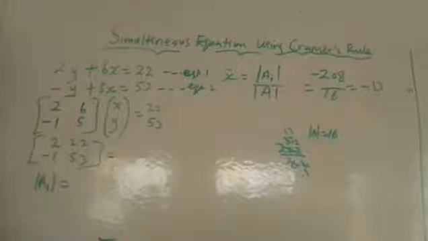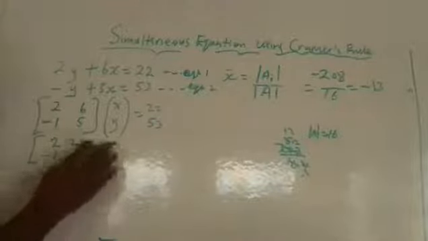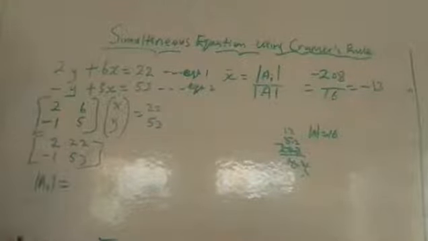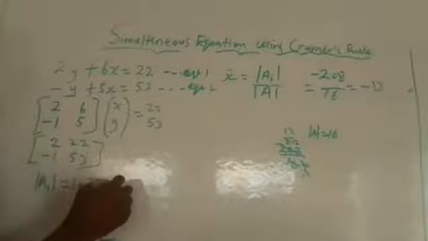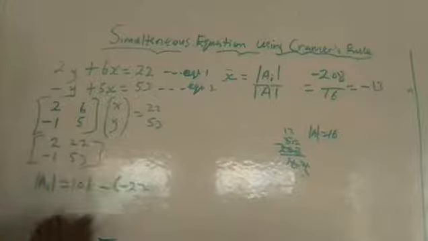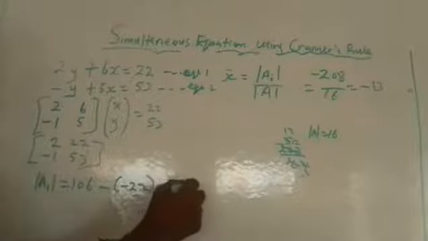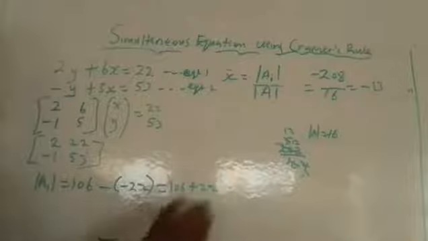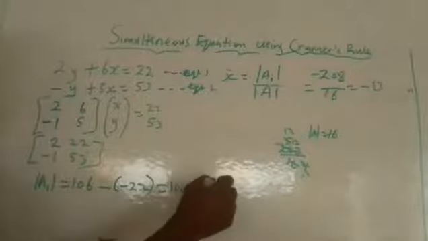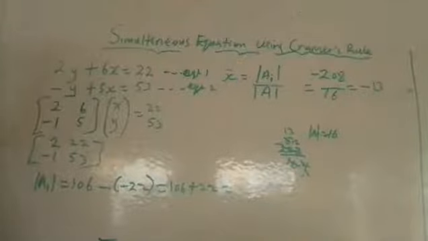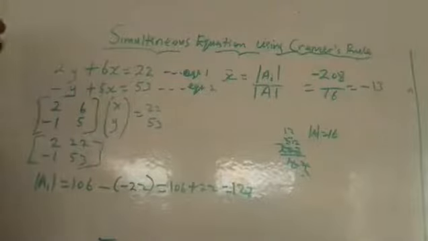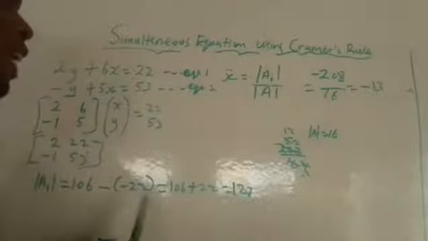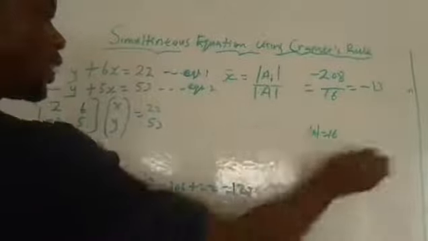How will you find the determinant of this? Very simple, just what we've been doing. 2 times 53 is 106, minus minus 1 times 22. Minus times minus gives plus 22. When you have plus 22, the final answer here will be 128. For x, don't forget our determinant is 16.